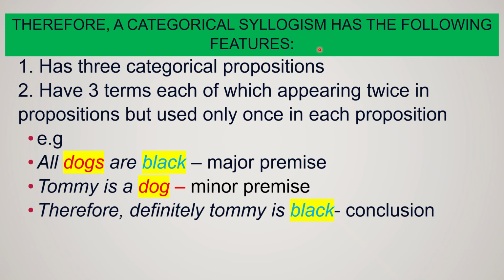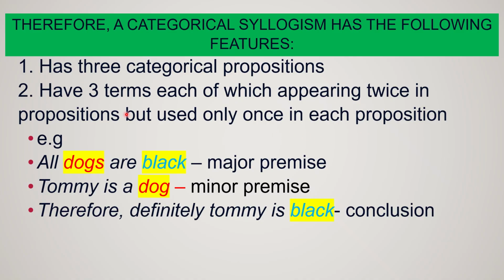A categorical syllogism is any argument that has three categorical propositions. What we mean by three categorical propositions is that they have a major premise, a minor premise, and a conclusion. And then they have three terms, each of which appears twice in the propositions, but only once in each proposition.